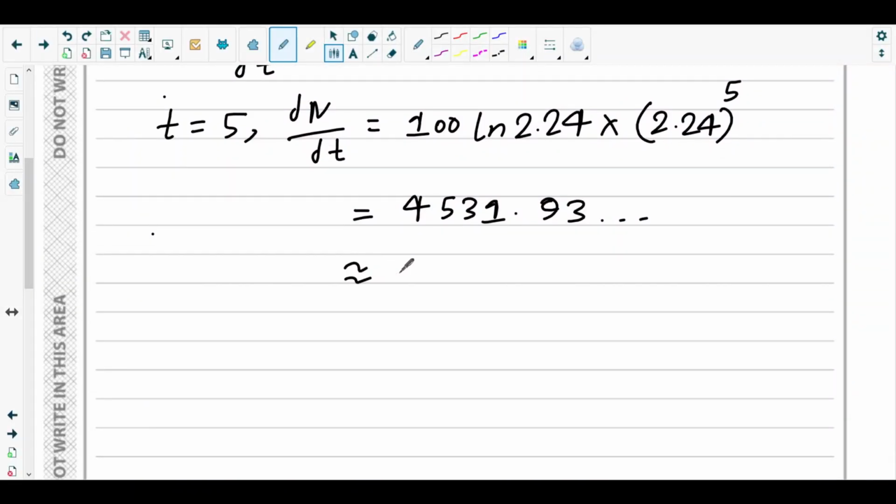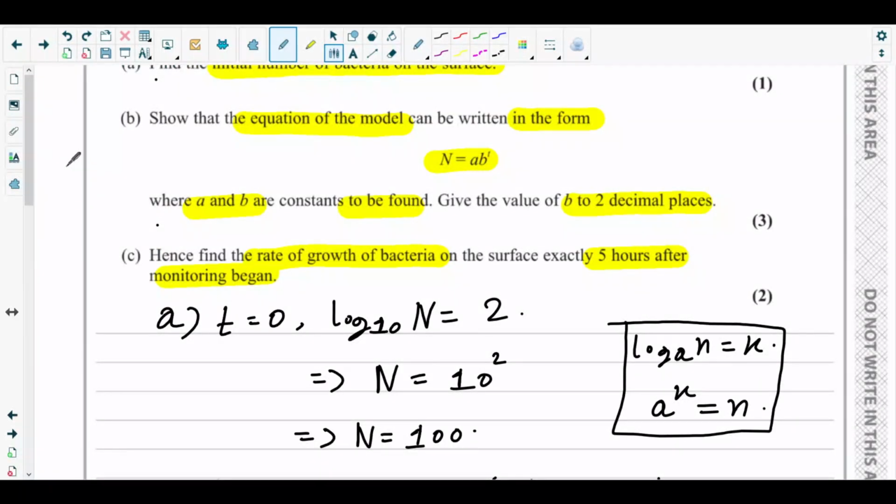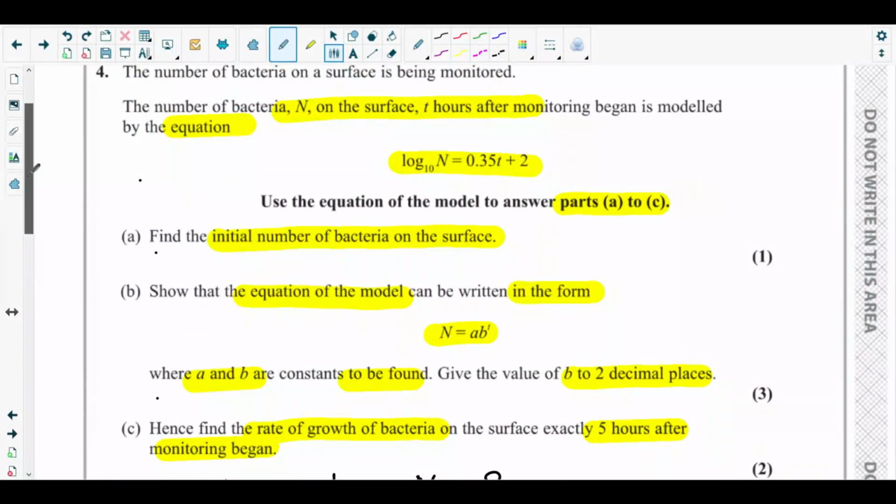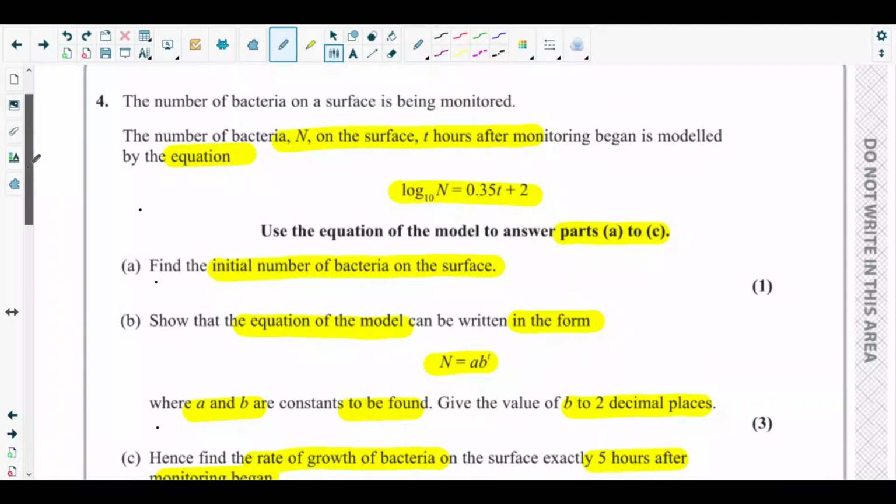This is 4530 bacteria per hour, and that's the growth rate of the bacteria exactly 5 hours after monitoring began.